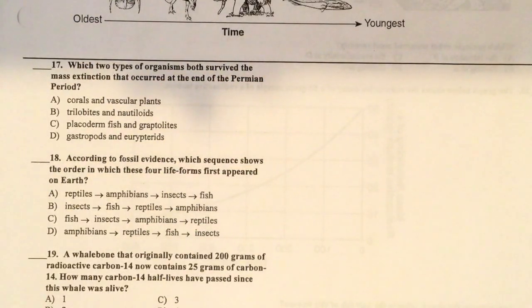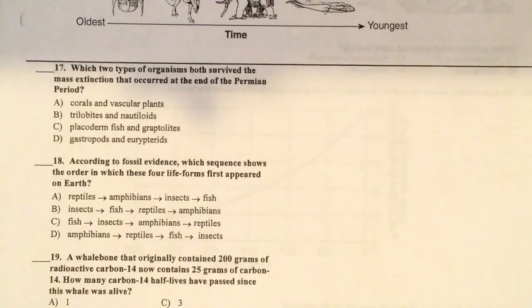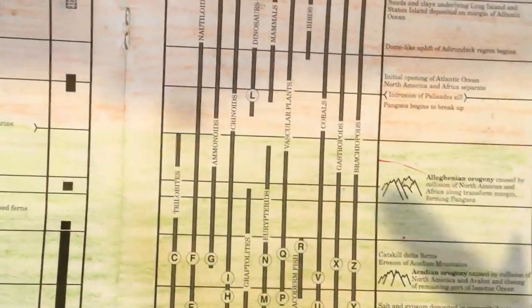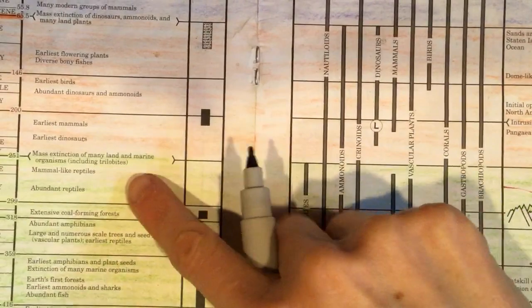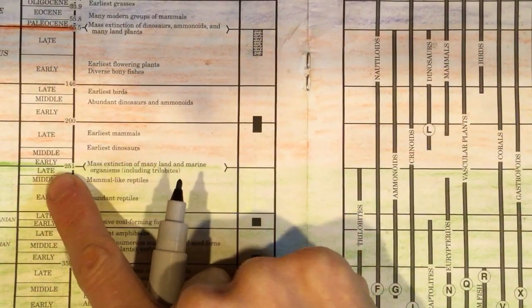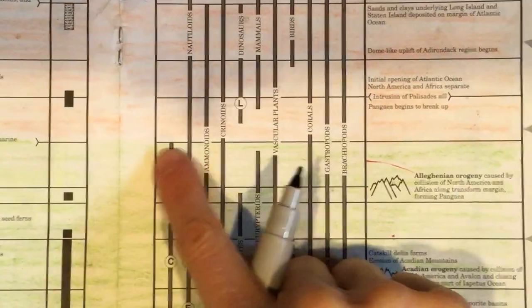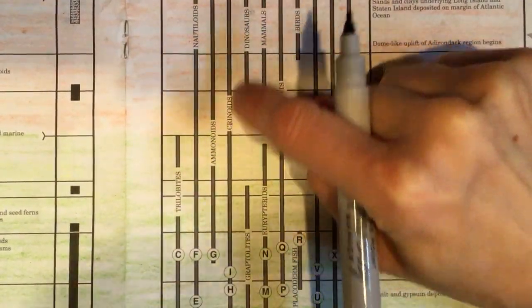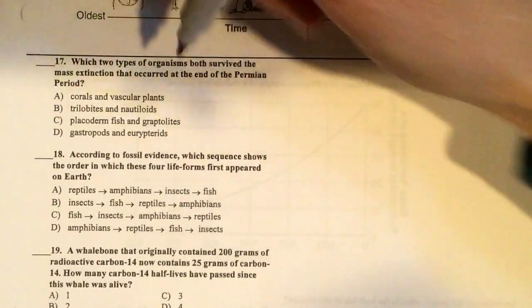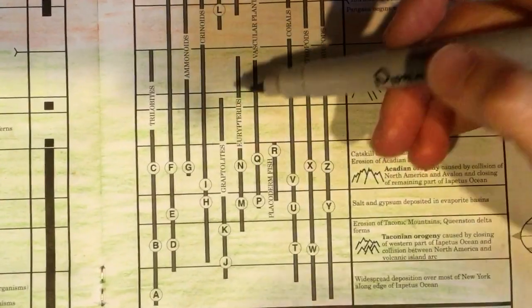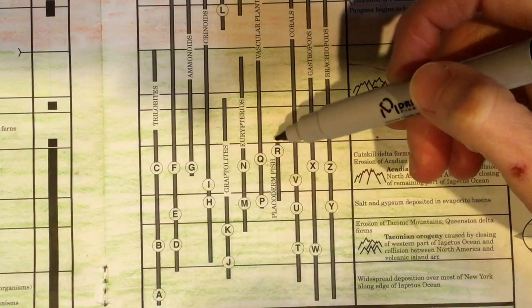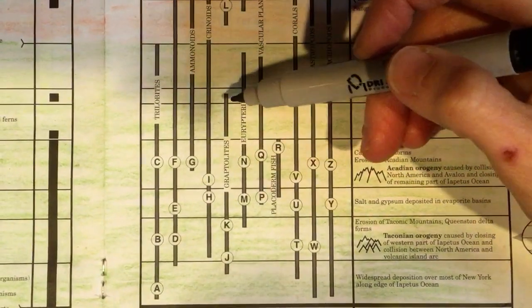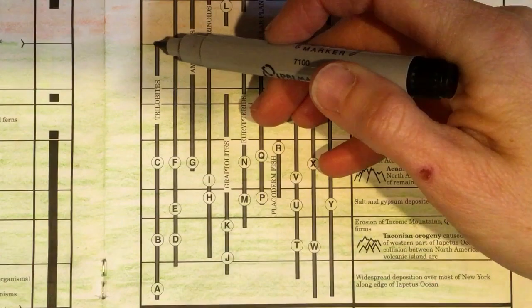So for the two organisms that survived the mass extinction that occurred at the end of the Permian, this is the end of the Permian, the mass extinction right here, 251 million years ago. Anything that has a bar that goes beyond that line survived. So out of all of these, I know placoderm fish didn't even get to that point. I know trilobites didn't get to that point.